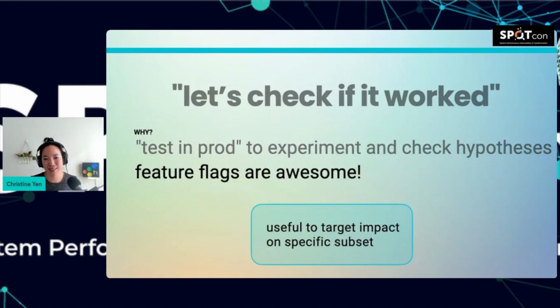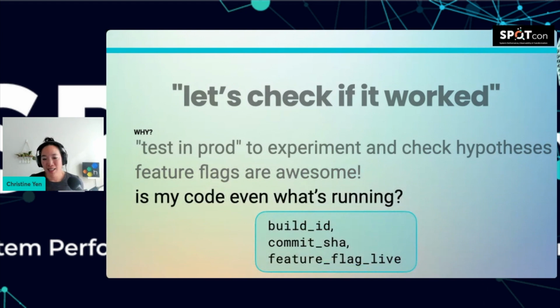Hope many of you caught Alicia's talk earlier. Feature flags are great. This is a way that you can constrain that experiment. There are others, but being able to target and measure the impact of some change that you make on a specific subset of traffic, very cool. And I'll point out one more thing that I think was a question I always had as a developer that wasn't always in the mind of the ops folks I would work with.